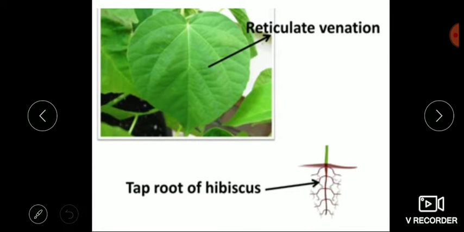So we can see here in this picture the leaf of peepal. The veins have a network-like structure.